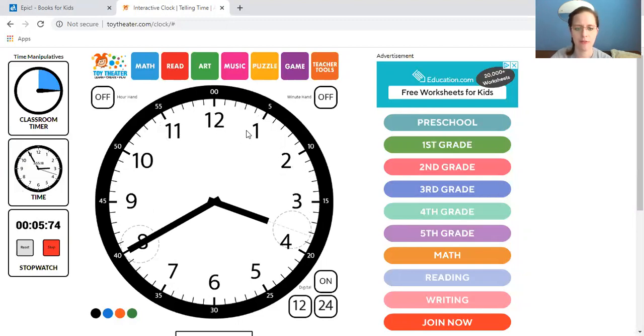Let's go 5, 10, 15, 20, 25, 30, 35, 40. So I know the minutes are 40, and then my hour hand has just gone past the 3. It has not made it to the 4 yet, so it would be 3:40 is the time, just like that.